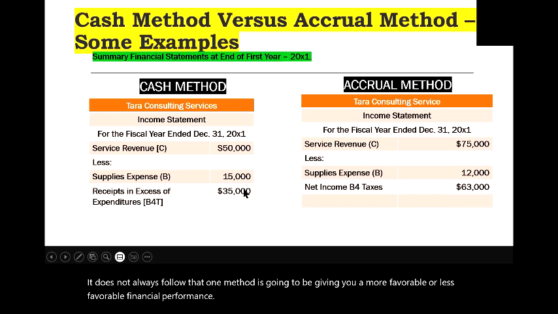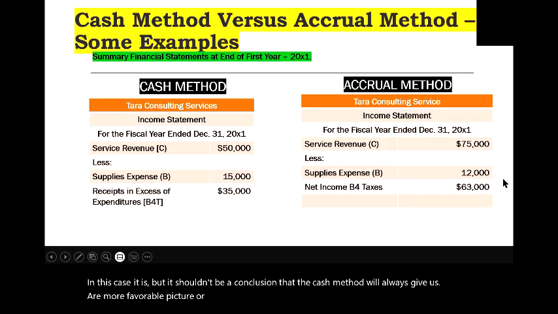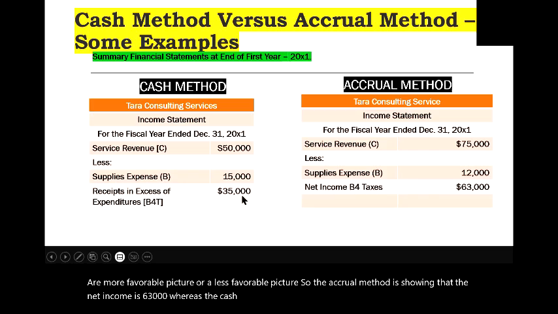In this case, it is, but it shouldn't be a conclusion that the cash method will always give us a more favorable picture or a less favorable picture. So the accrual method is showing that the net income is $63,000, whereas the cash method is showing that it is $35,000.